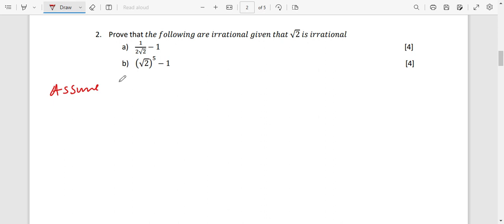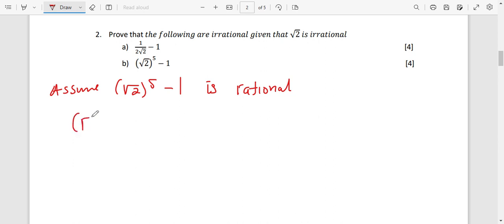So assume that square root of 2 to the power 5 minus 1 is rational. Let me ask again. If it is rational, then what is the condition that applies? It should be expressed in the form of a over b.